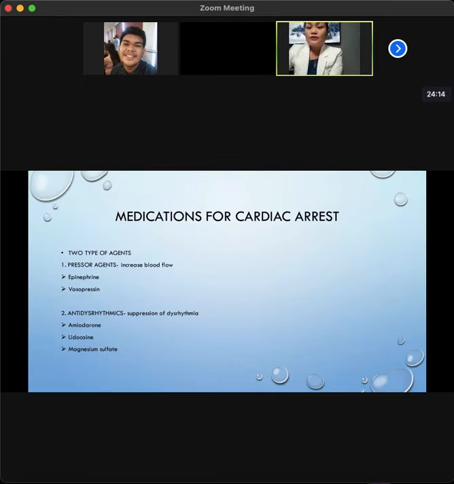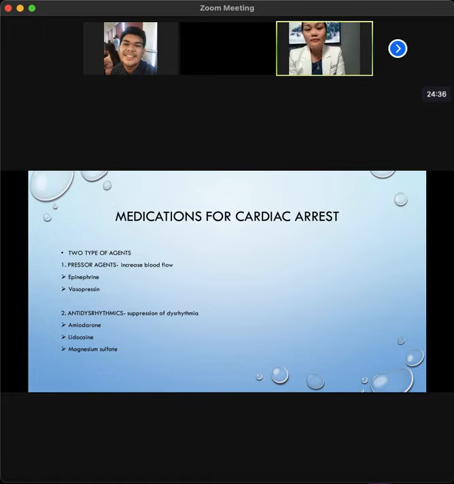Okay. So, let's start first with the medications that are being used for cardiac arrest. We have two types: the pressor agents and the antidysrhythmic agents. The pressor agents can increase blood flow, such as epinephrine and vasopressin.